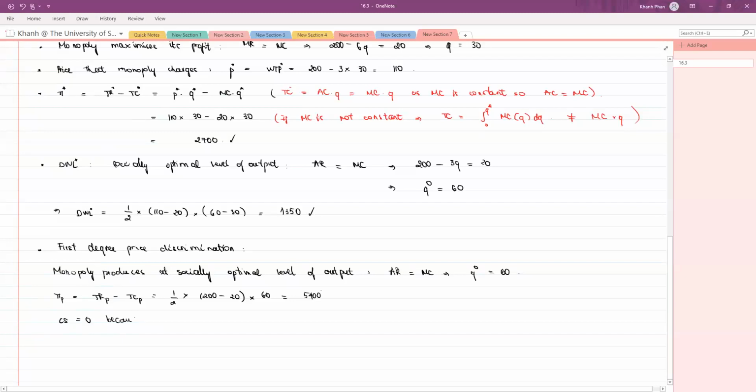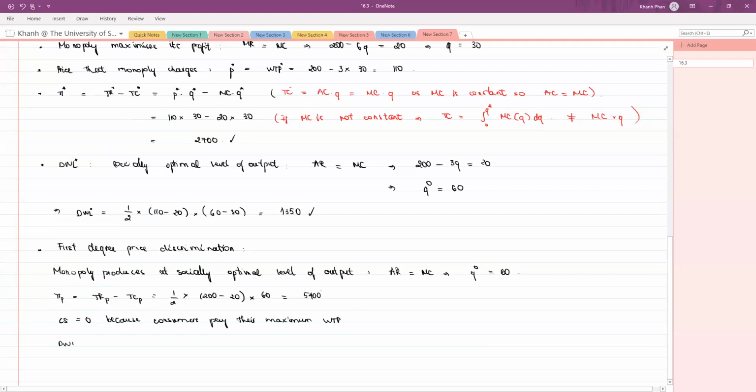Because all the consumers pay their maximum willingness to pay, they pay whatever they're happy to pay, so they will not have any surplus left.